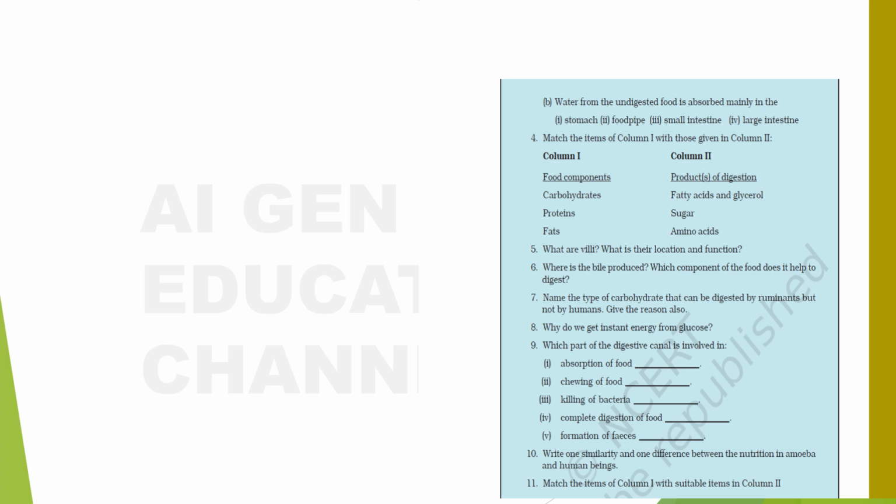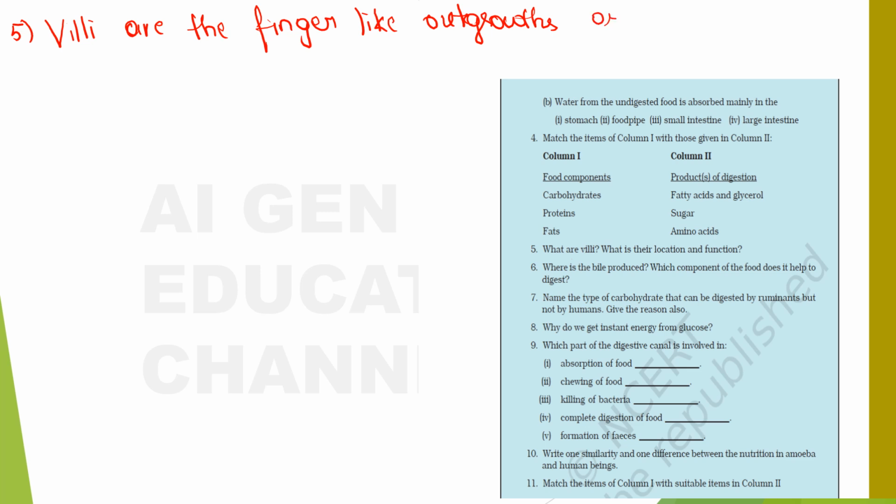So the next question is, what are villi and what is their location and function? So for this we can say that villi are the finger-like outgrowths or projections, whatever you feel like using. You can use any of these words.